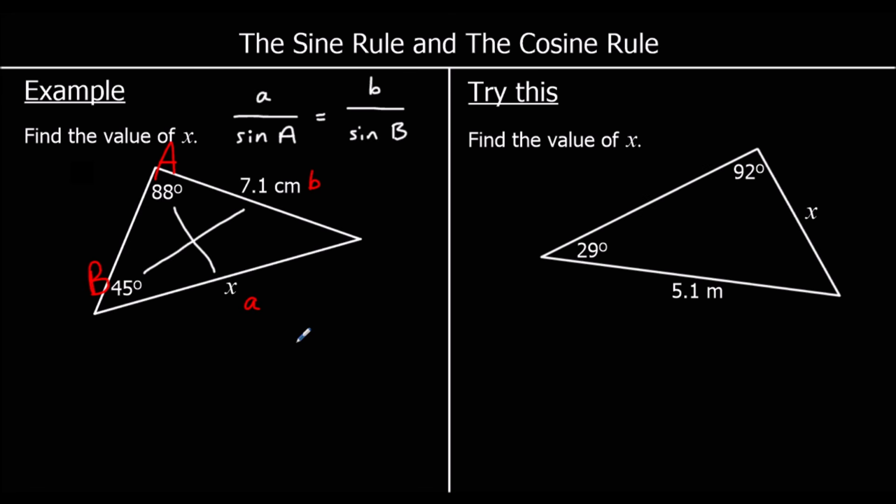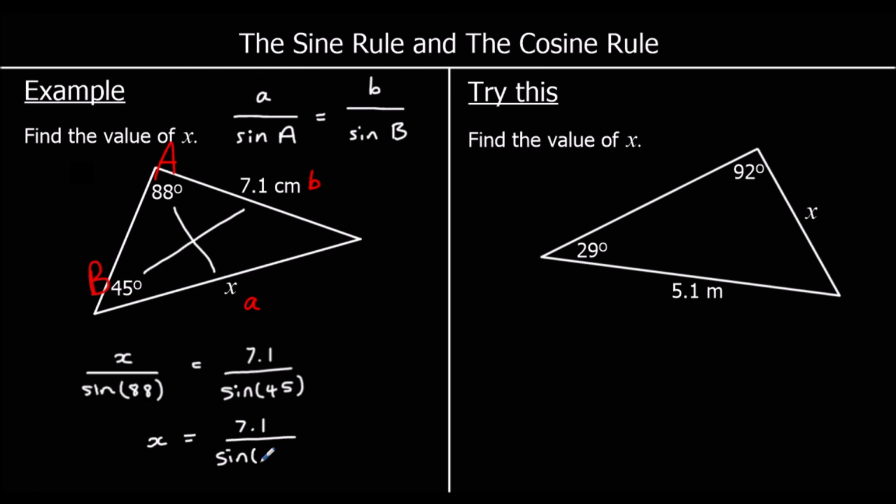So substituting in, we're going to have x over sine 88 equals 7.1 over sine 45. We want x by itself, so we multiply both sides by sine 88. Then we type it into the calculator.